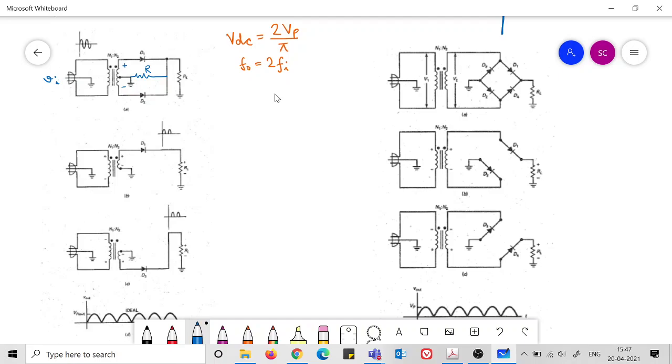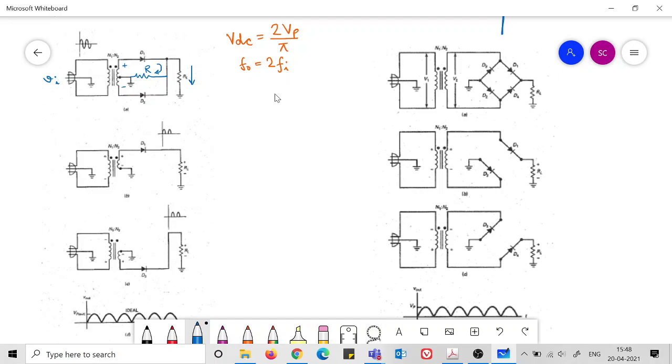This is the first positive cycle. Then what is the direction of flow through the load resistance, that we have to see. The direction of flow through the load resistance is from right to left. Or if you consider the original diagram, it is from top to bottom.